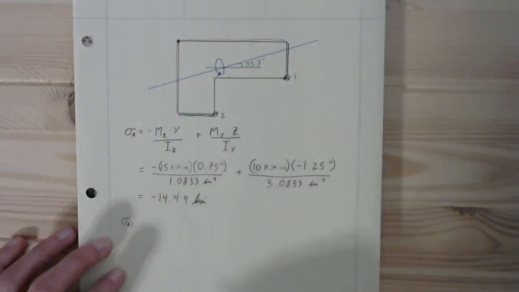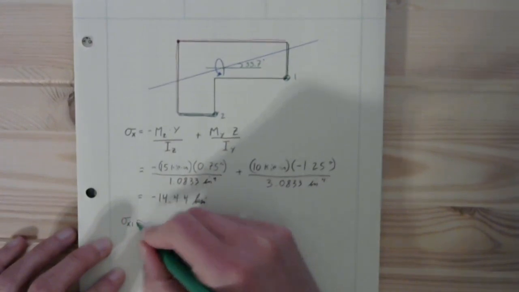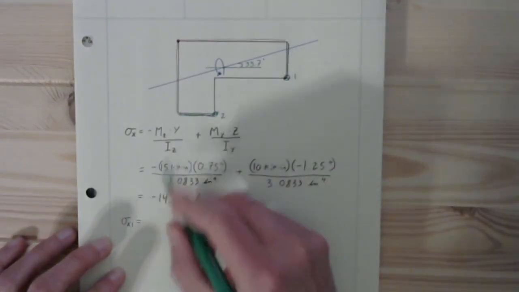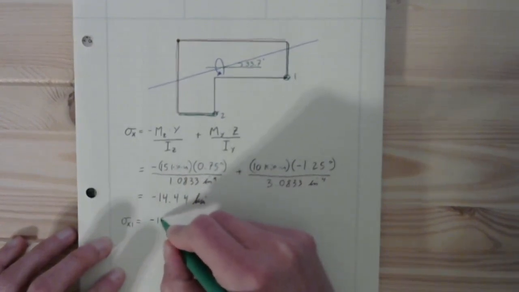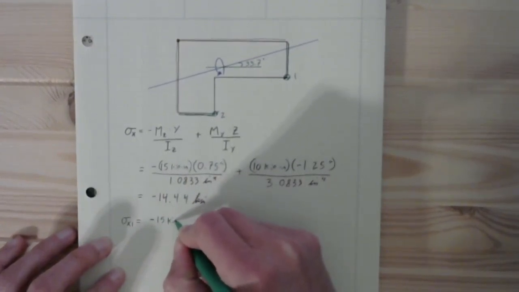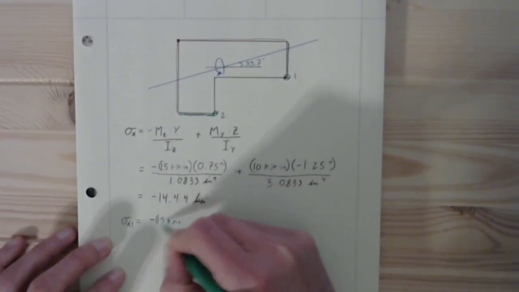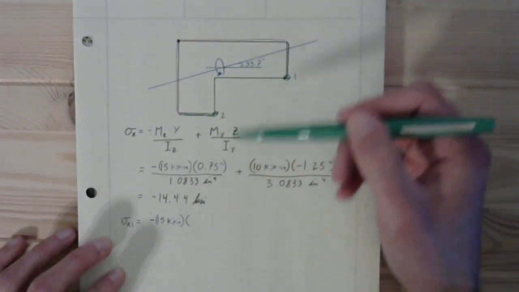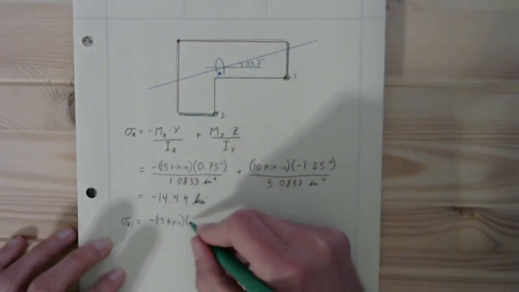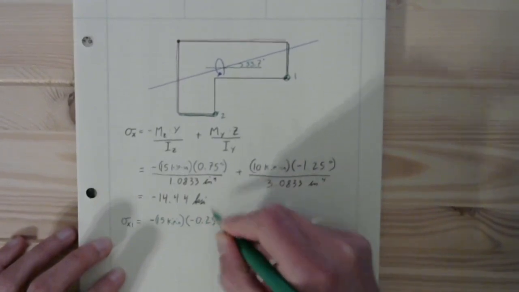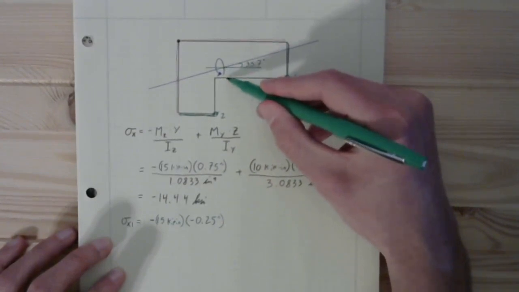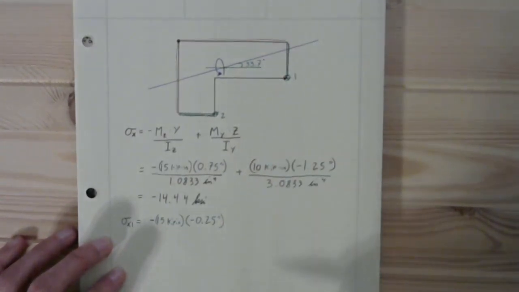So the normal stress at point 1 is going to be, same equation as before, negative our positive 15 kip inches. But this time, that's our moment about the z-axis. This is only going to have negative 0.25 inches. Be careful with that because we're going down 0.25 from the centroid.